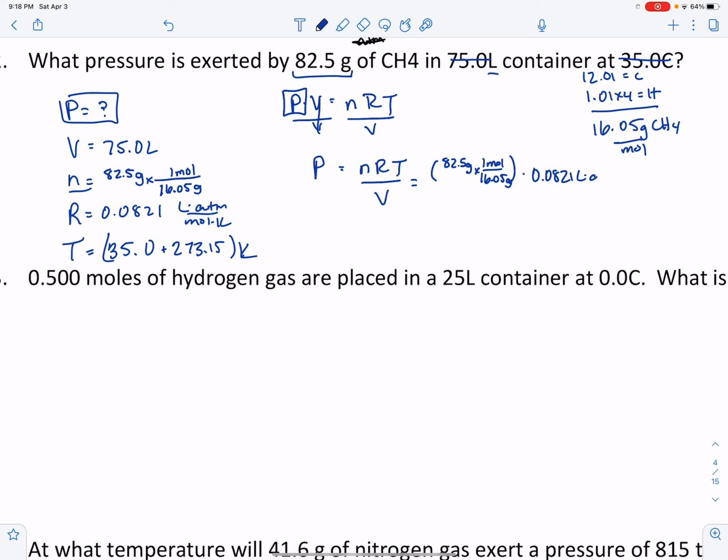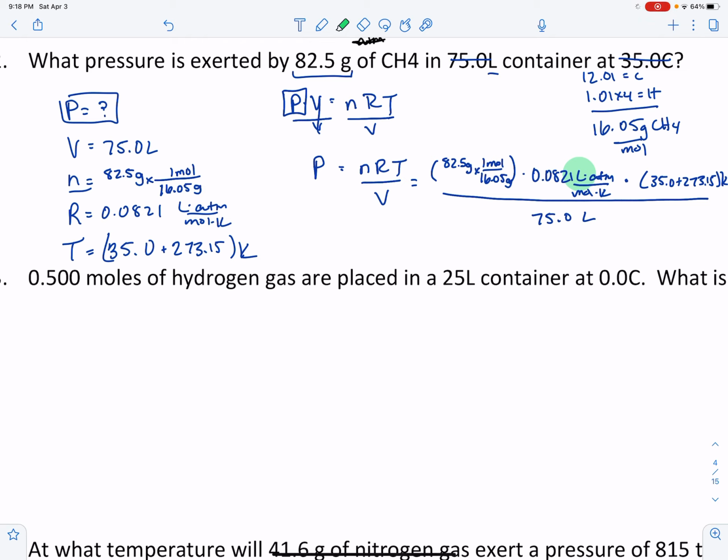0.0821 liters ATM per mole Kelvin times T, 35.0 plus 273.15 Kelvin. All of that divided by my volume, which is 75.0 liters. Let's make sure our units cancel.